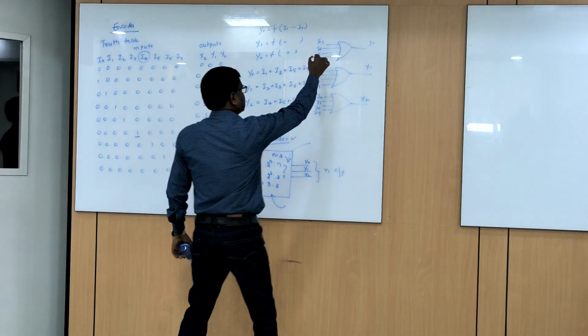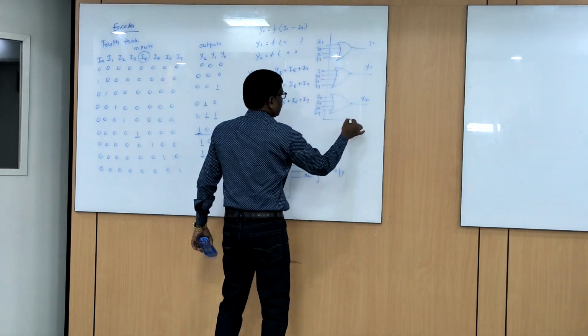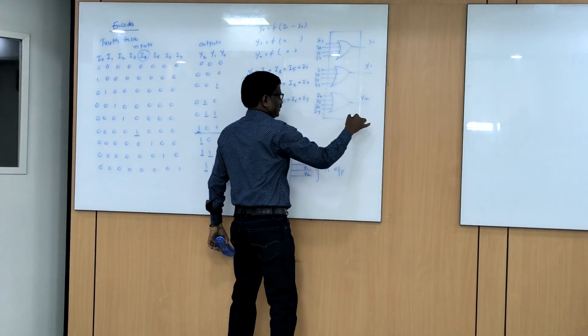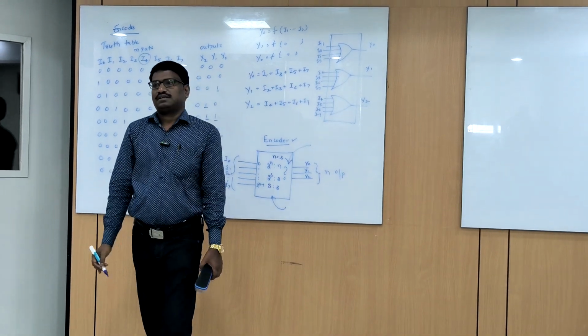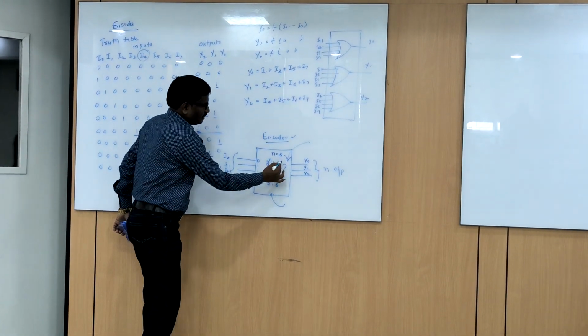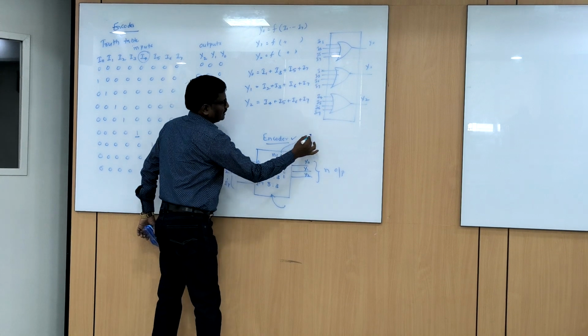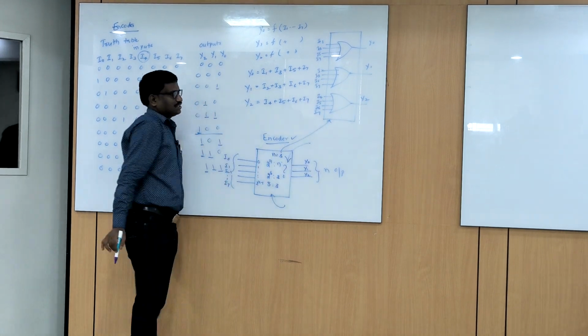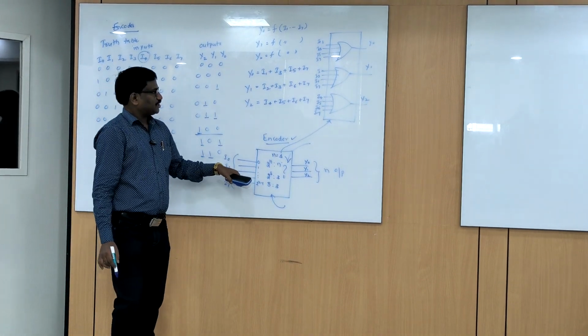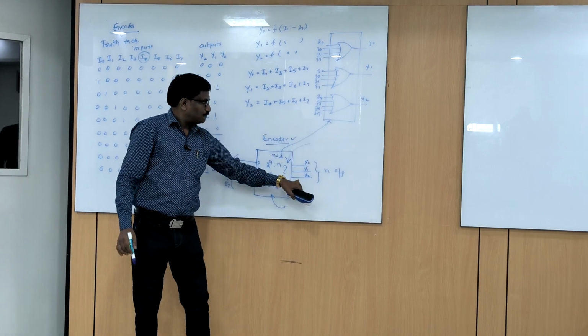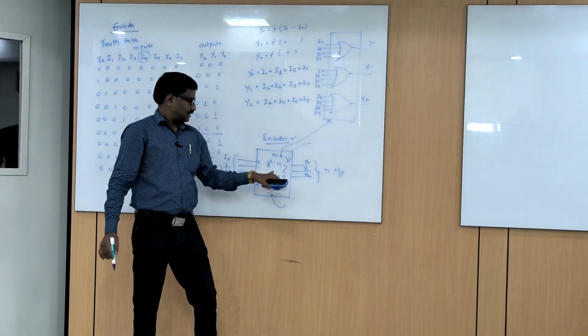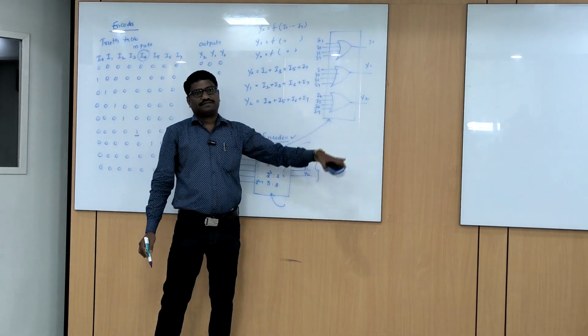So this is what an encoder is. The design is complete. The block we are referring to contains this set of logic gates, with inputs and outputs. This box is this hardware.